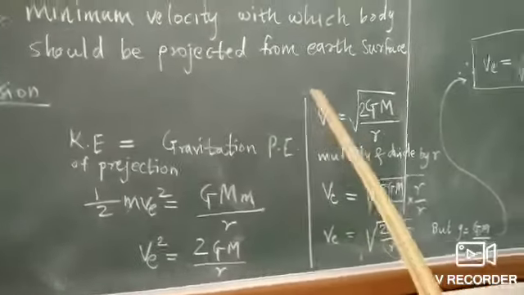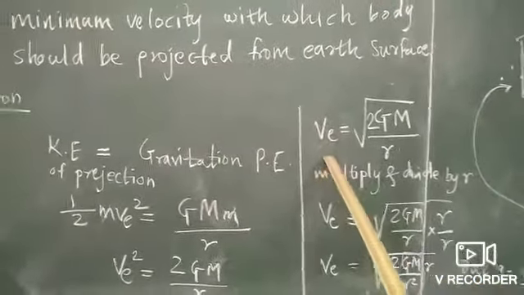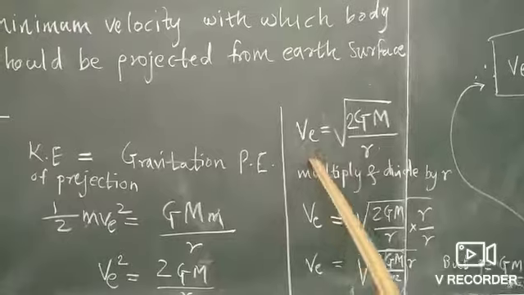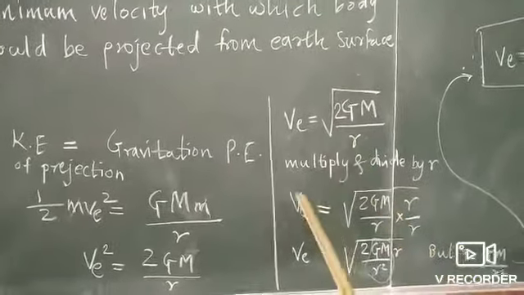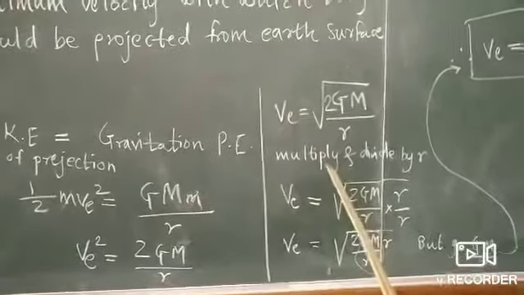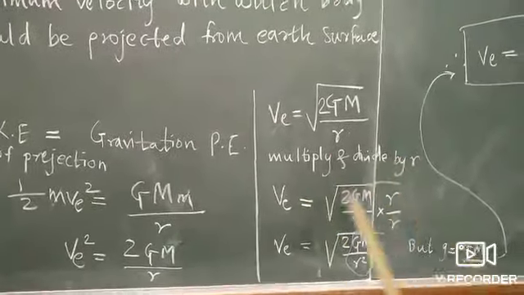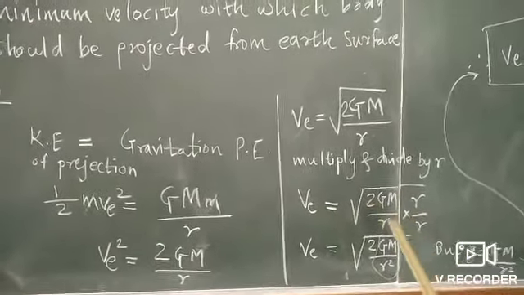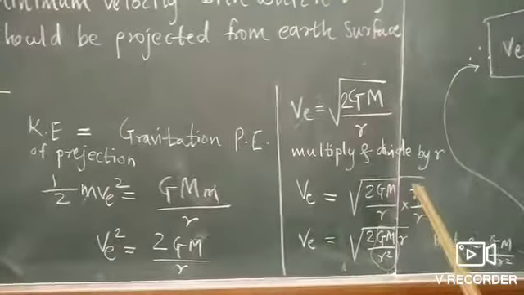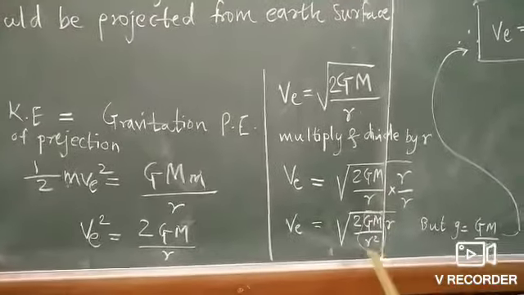We can write the equation for v by taking a square root of v square. So v equals root of 2GM upon R. Now we can write this equation in terms of small g. For that, we multiply and divide by small r. So v equals root of 2GM upon R, as it is, just multiplied and divided by R. Here r into r becomes r square.